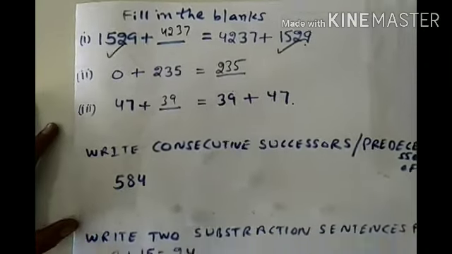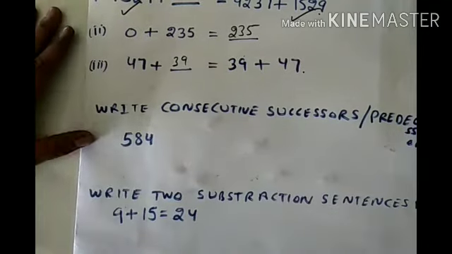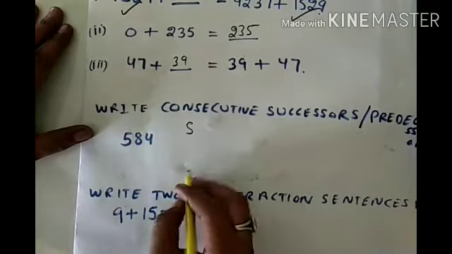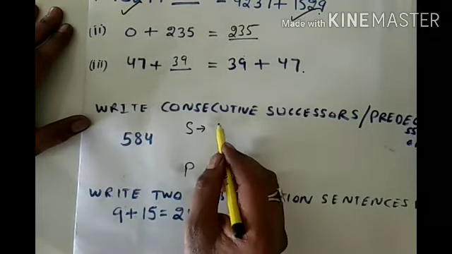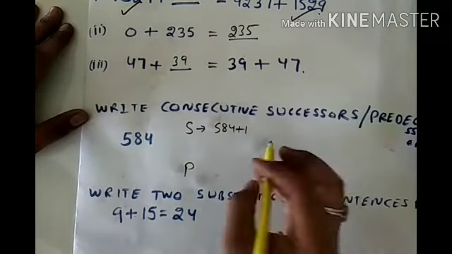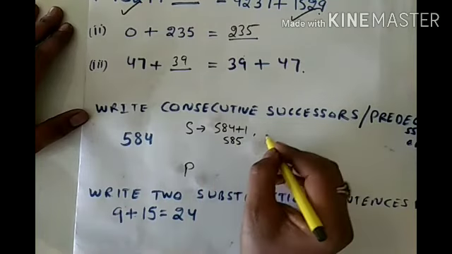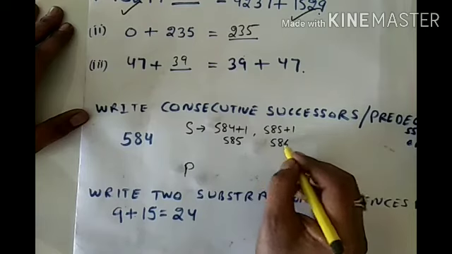Okay, now write consecutive successor and predecessor of 584. So what is the successor? For the successor I will write S, and for the predecessor I will write P. For the successor I will have to add 1 to 584. Now what is the answer? 585. Now 585 plus 1, that is 586.